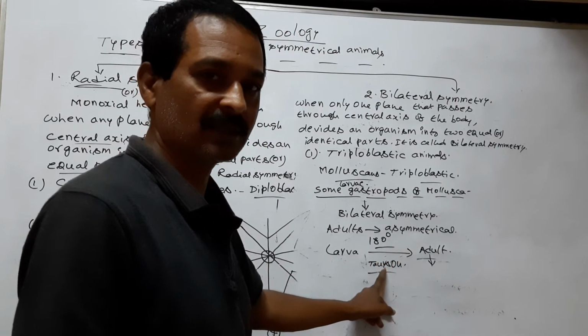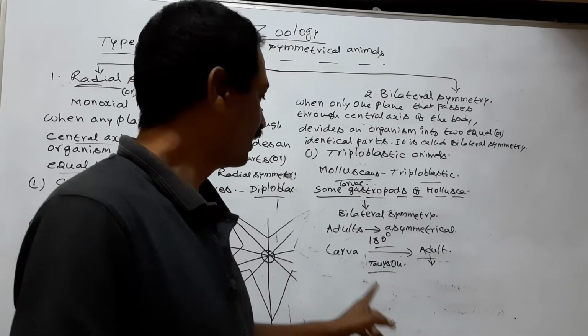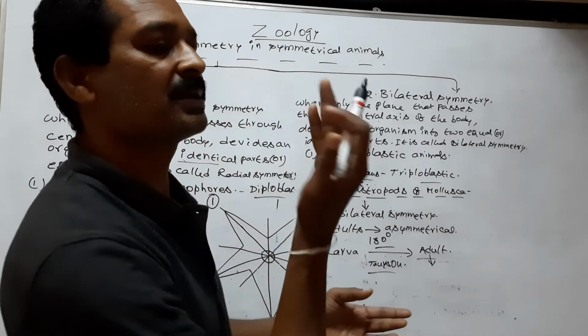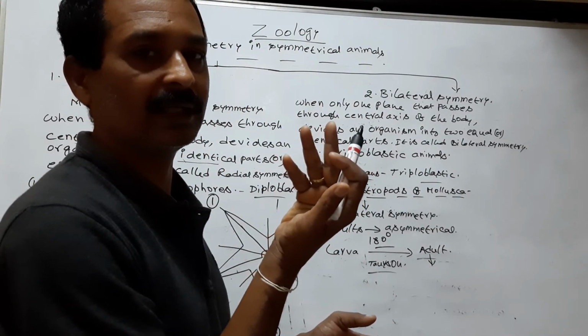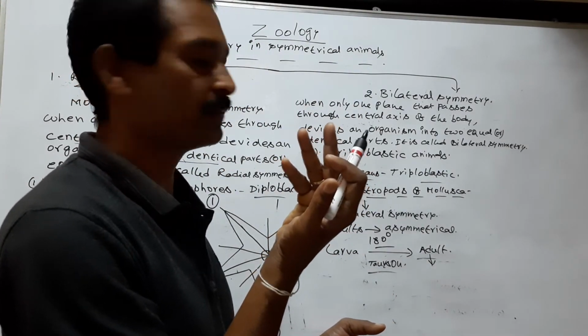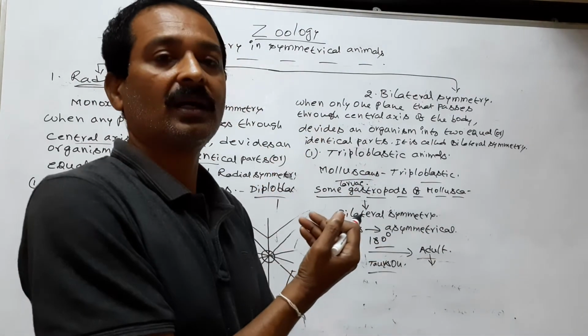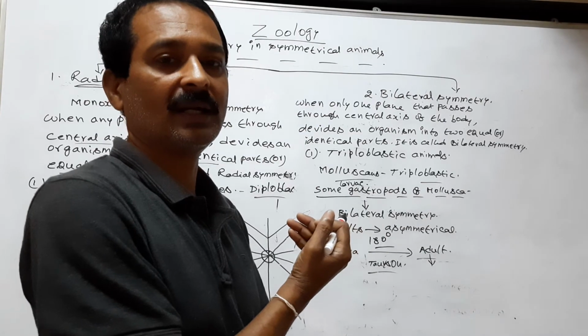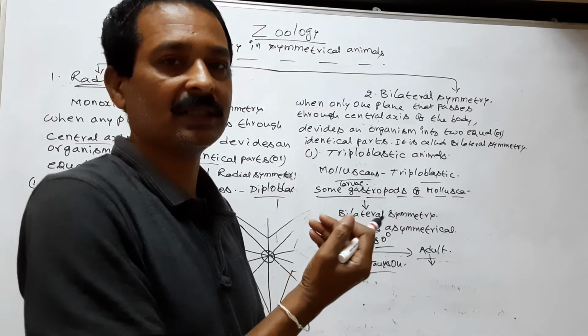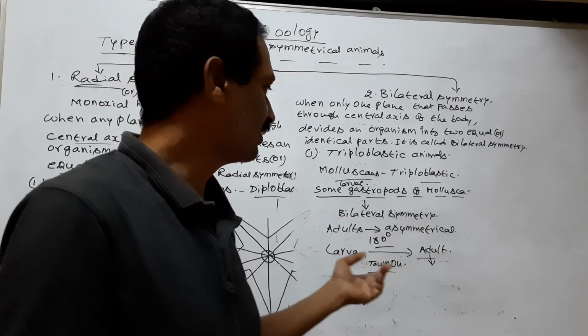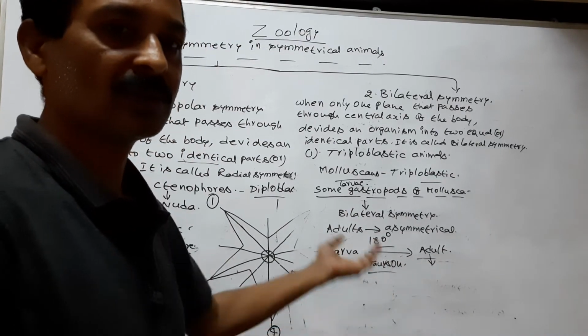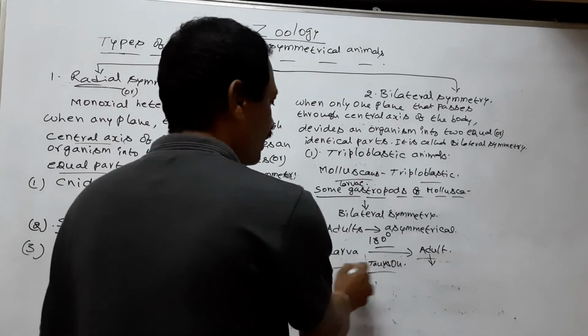Due to torsion, the body of the larva turns 180 degrees. In this process, the organs of that adult organism are arranged irregularly. It lost symmetry, so those are asymmetrical animals.